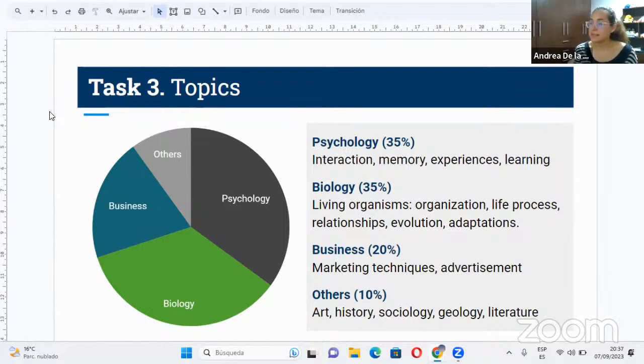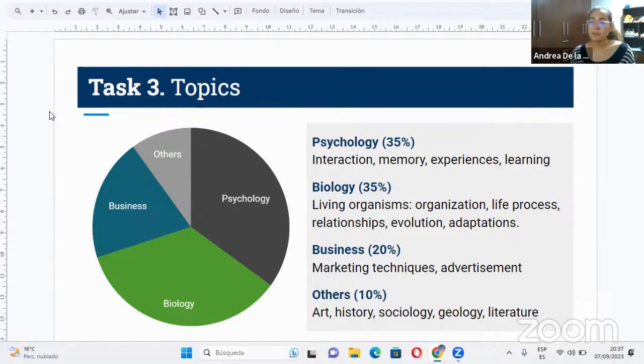Then you have business, the third main category. Business is simple business, never hardcore economics. When you have business, you tend to have marketing techniques, strategies to attract consumers, diversifying, expanding, advertising, those sorts of things.